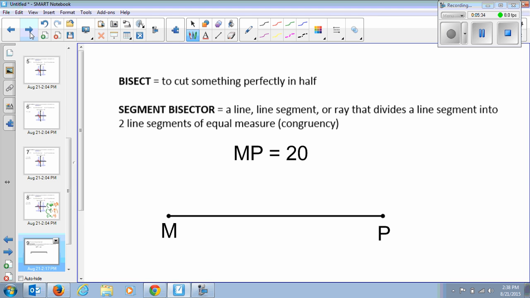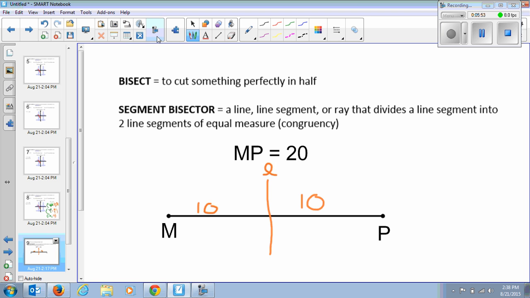Let's take segment MP here. Segment MP has a length of 20. Let's say I draw a line right down the middle of MP. That looks like it's the middle, but I can't assume it's the middle. What if I told you, though, that this side was 10 and this side was 10? And we'll call this line L.